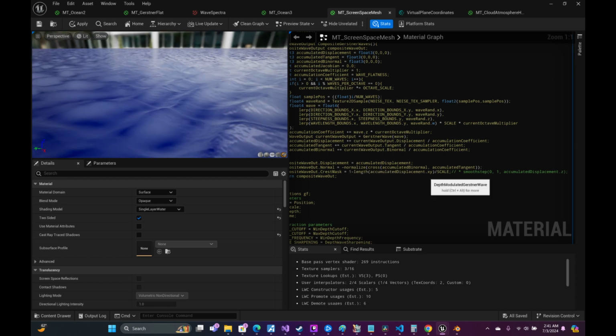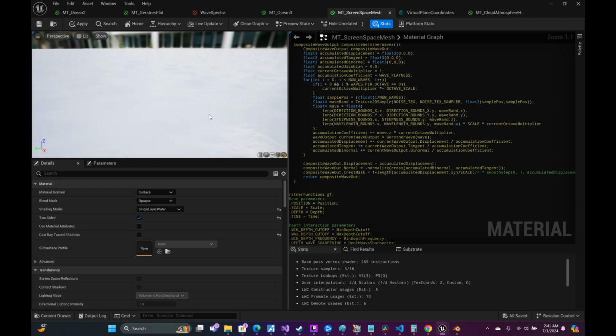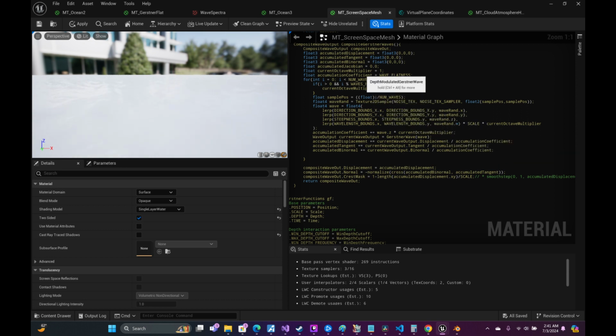That's why it wasn't working in the large scale either, because we have to scale it. Let's try it like this.